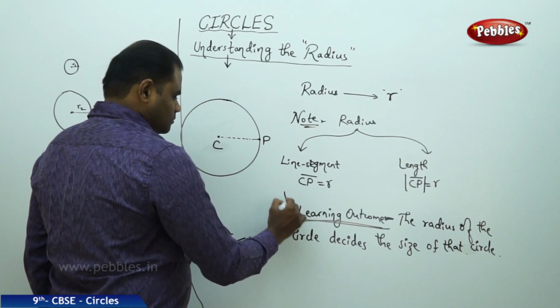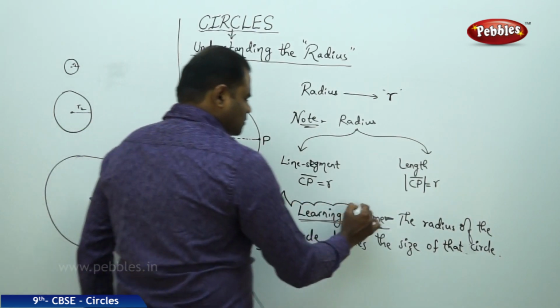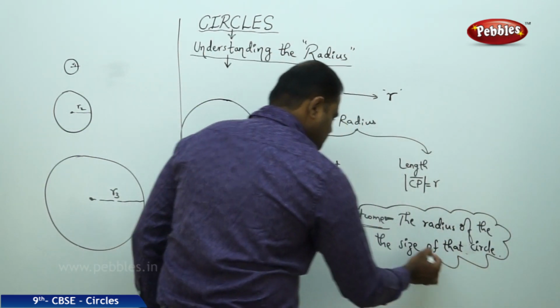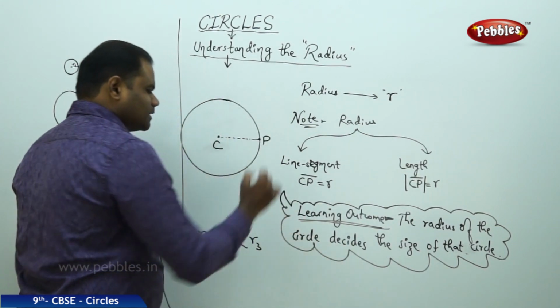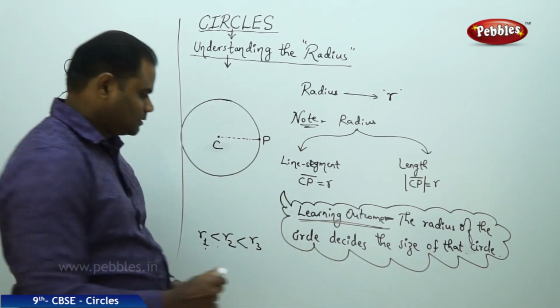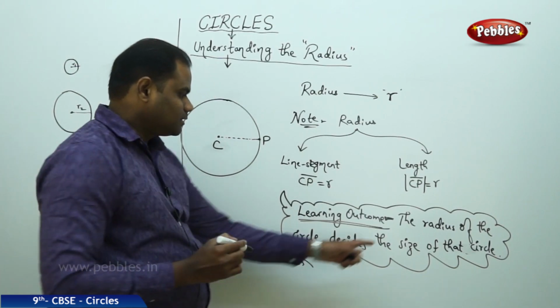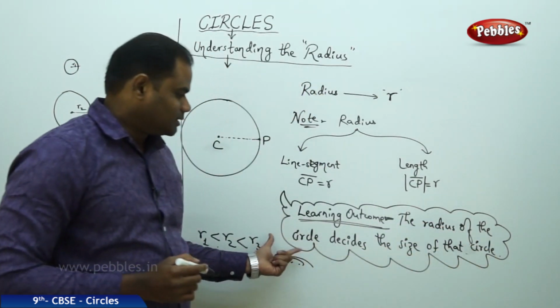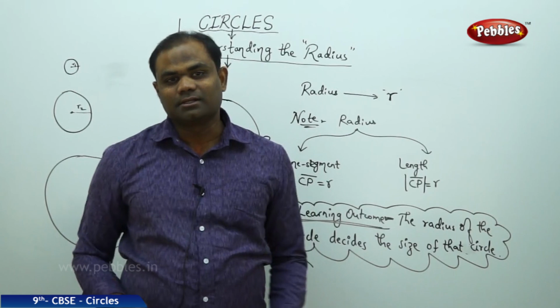So here my learning outcome comes out to be that the radius of the circle decides the size of that circle.